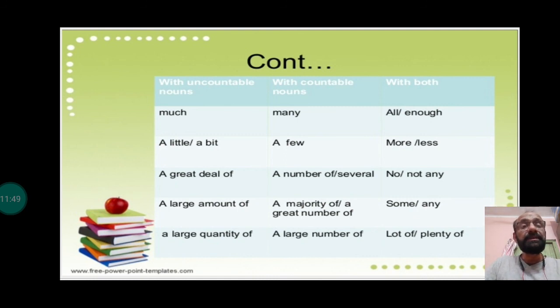Like with uncountable nouns: a little, a bit, a great deal of, a large amount of, a large quantity of. Similarly with countable: a few, a number of, so on and so forth. And with both we can use some and any. Generally, some and any are used a lot, and that would be given as your option.